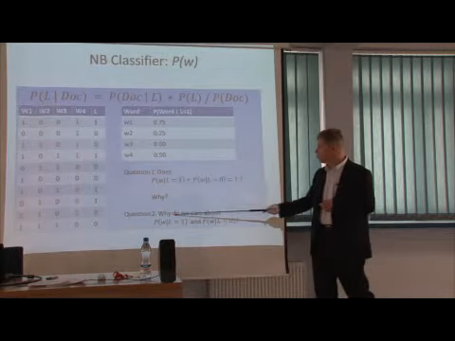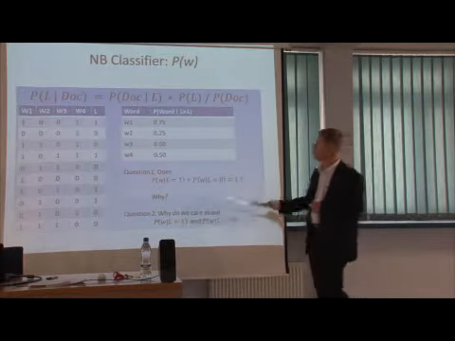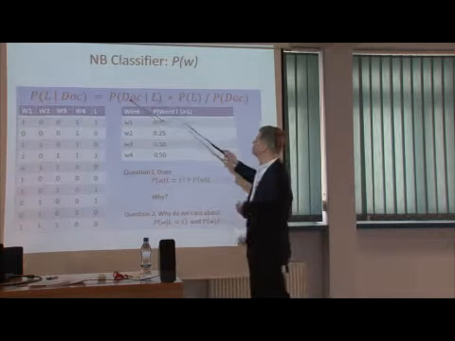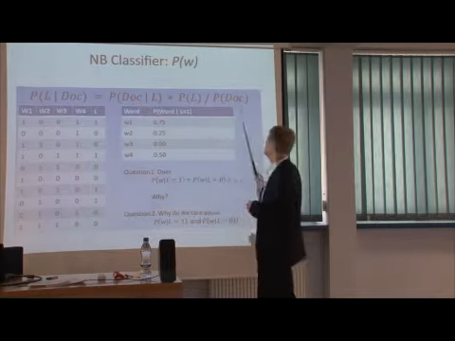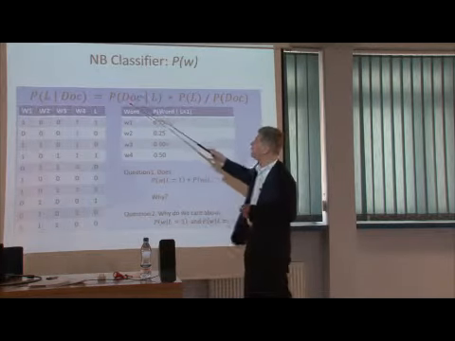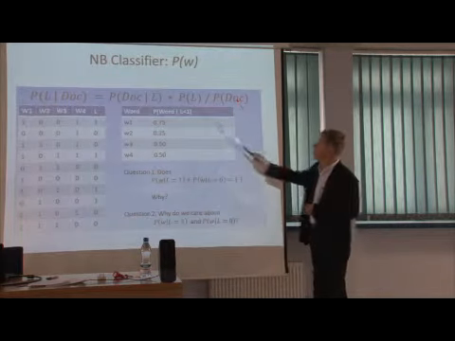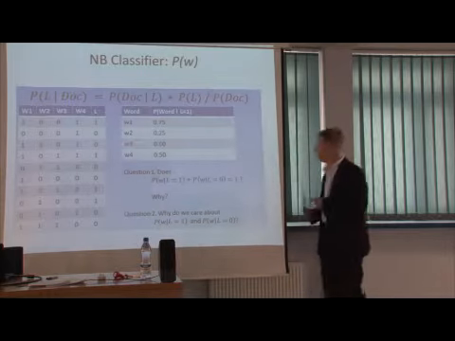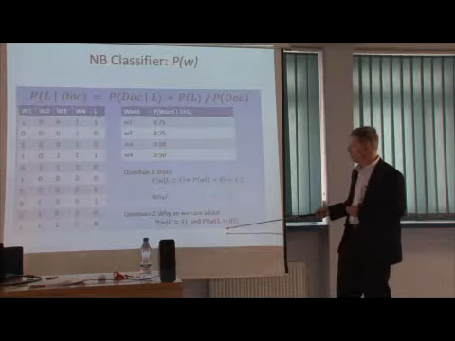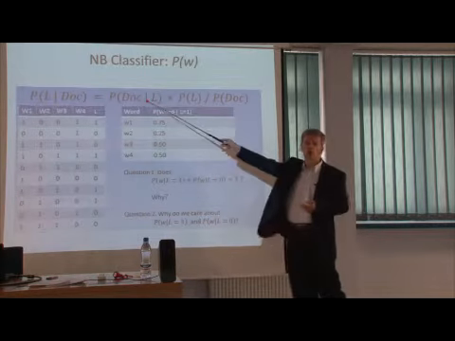So the next question is, why do we care about these probabilities? Well, we care about these probabilities because we are interested in estimating these two guys. And the only way to estimate the probabilities of document given label and probability of doc is to know something about the words in the documents, because that's what the documents consist of.